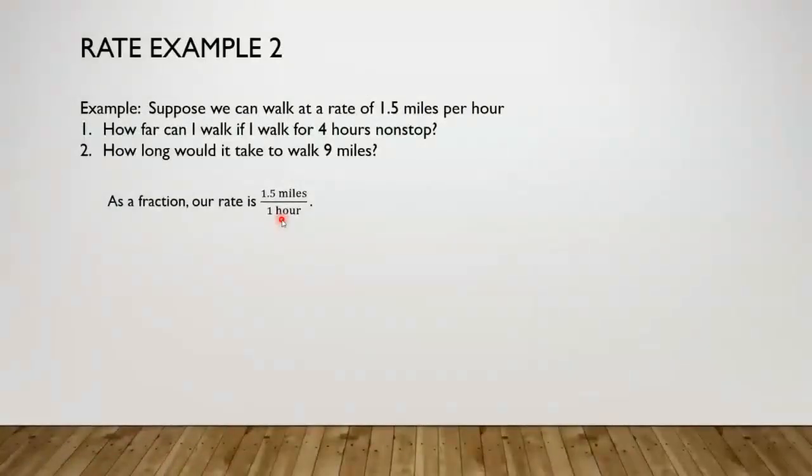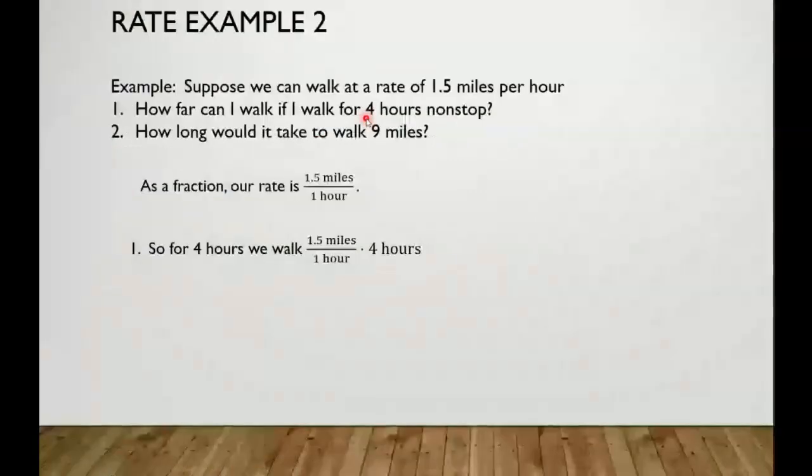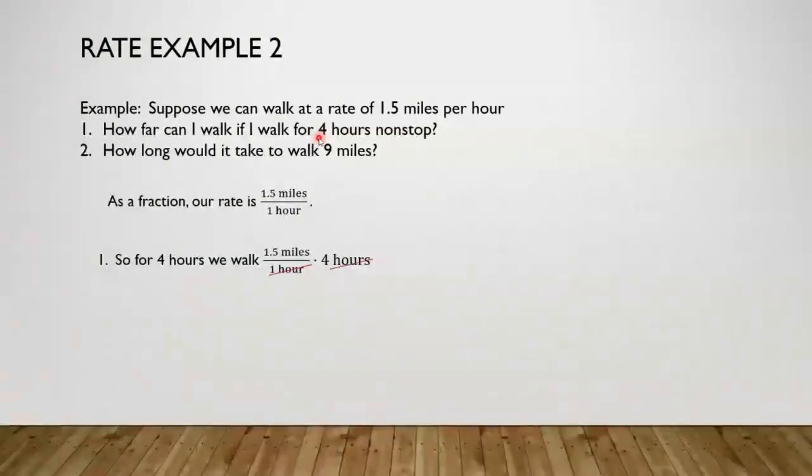So what do we do to get number 1? If we want to walk for 4 hours nonstop, just like before, we're going to multiply. By multiplying, the hours are going to cancel. We want distance, so we don't want hours in the answer. We just want miles.